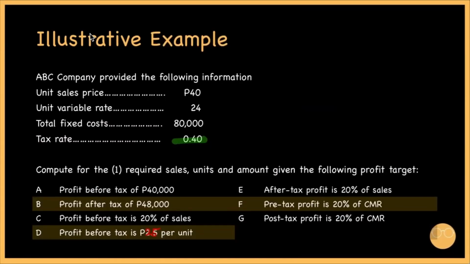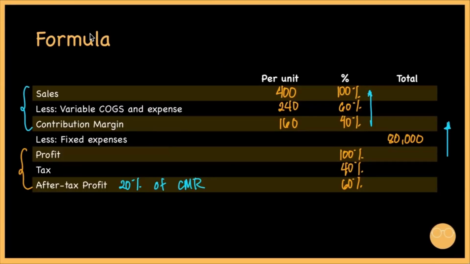Let's try to solve case G. Post-tax profit is 20% of CMR. Just like what we did a while ago, 20%, we are going to divide it by 60%. We are going to get one-third of it, or 33.33%.